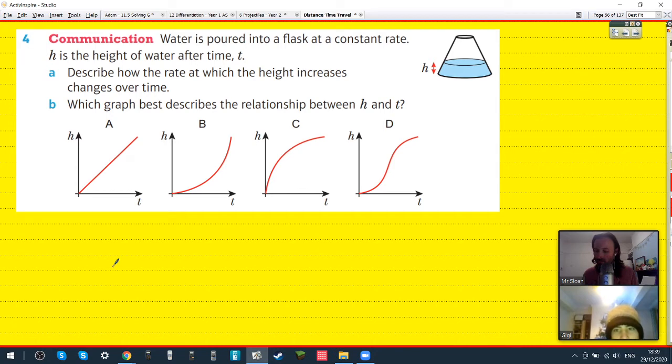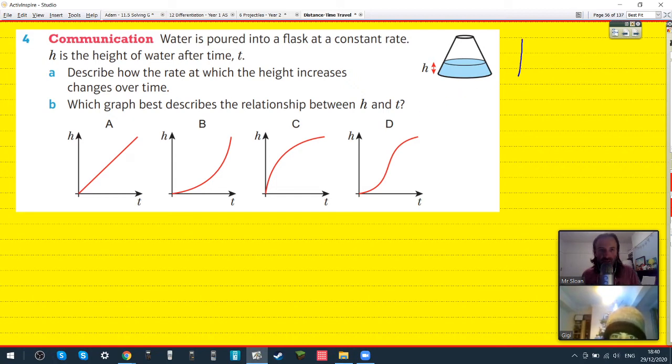I'm not sure. What will happen, or if you want, you can just match it up to the graph. As time increases, the height of the water, how will it change at the beginning versus at the end? How quickly does the height increase? The same rate.